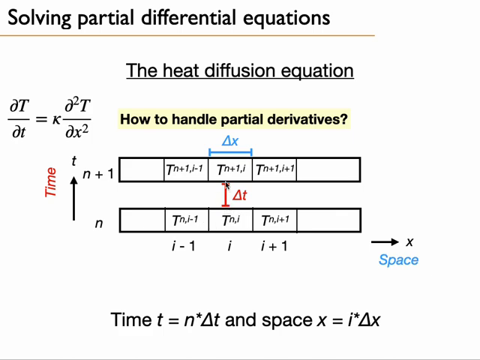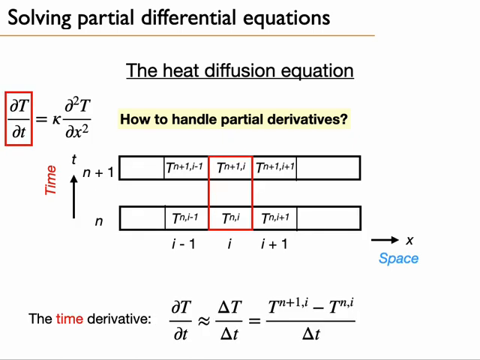If we go in the future by an increment of delta t, we have T index n plus 1, comma i, and the two neighbors are i plus 1 and i minus 1. So let's first consider this side of the equation.